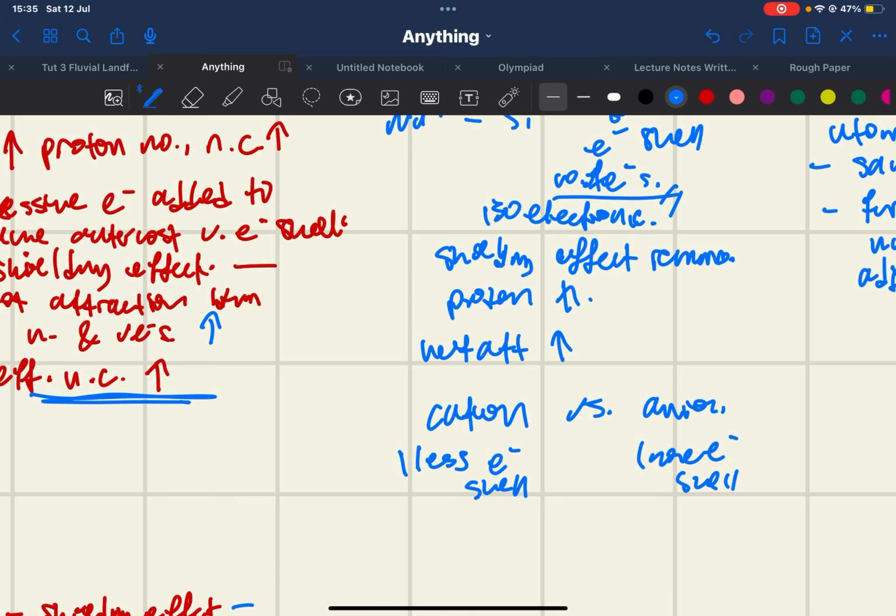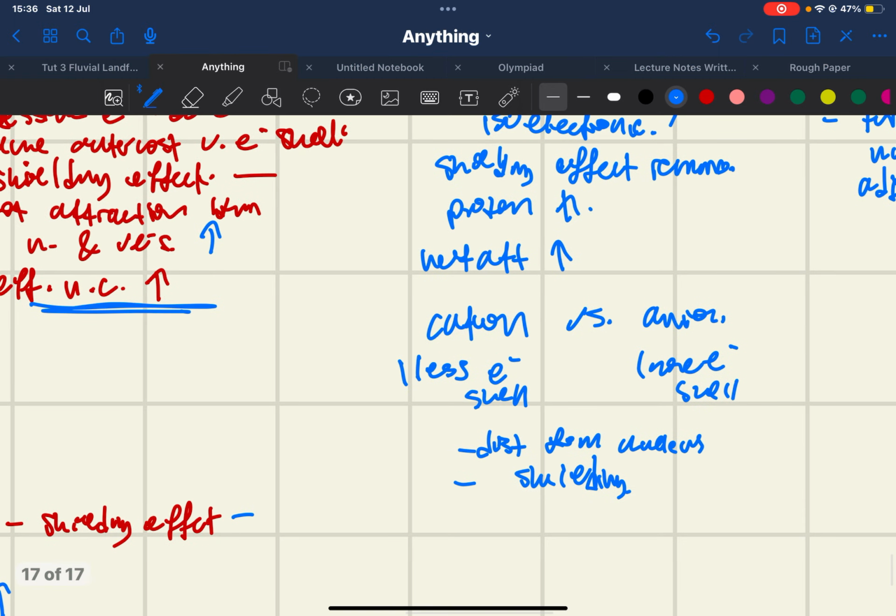Not because the anion added an electron shell, but because the cation lost an electron shell. So you can talk about the distance from the nucleus. You talk about the shielding effects. Then essentially you will come to a conclusion that the cation has less than the anion.